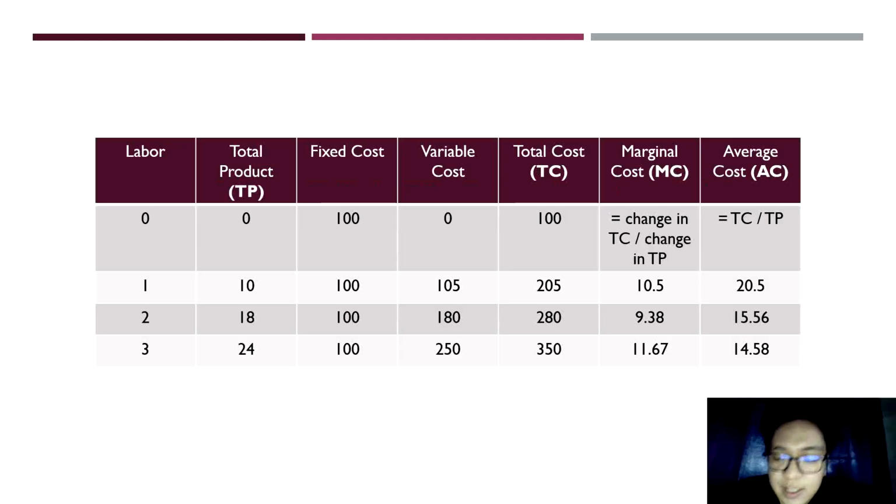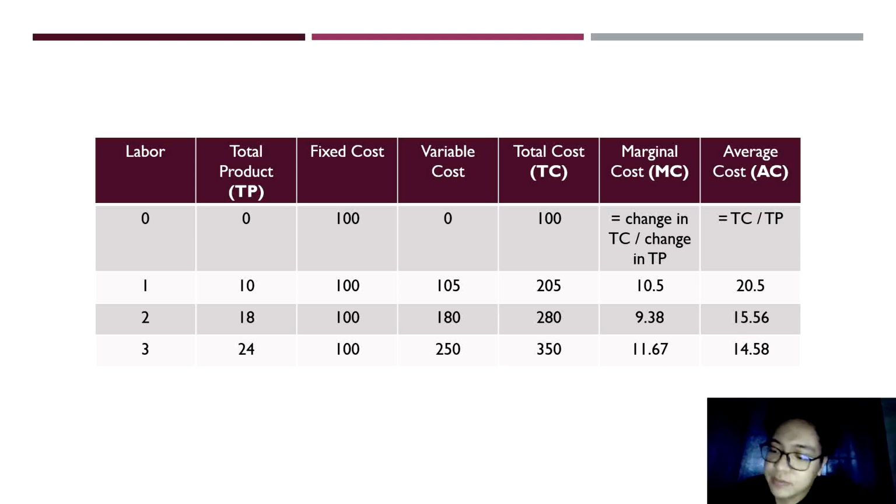Okay, so here in this table, magkakaroon tayo ng medyo kakaiba na kasi we are talking about cost na in this table. We want to determine kung ano yung change in the cost or yung ating marginal cost whenever we will change our inputs, and the average cost per unit dun sa per input na meron tayo in that specific function.